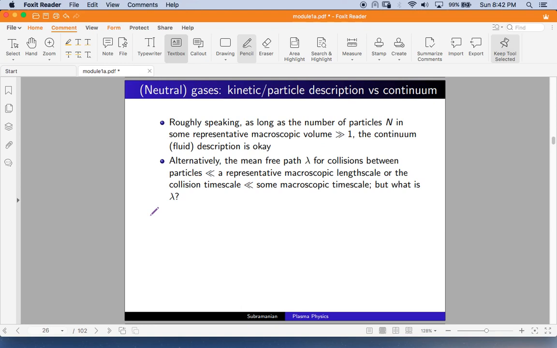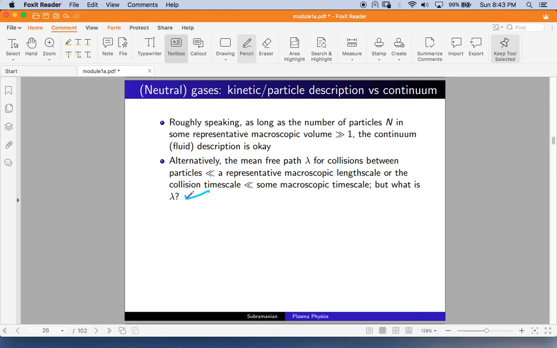With plasmas, with a collection of charged particles, it gets a little different and also a little more difficult. We have to deal with what are called Coulomb collisions, and so that's why I've left it at this now. What is the mean free path? And sometimes there's this funny thing. We might find time to talk about this in the course.